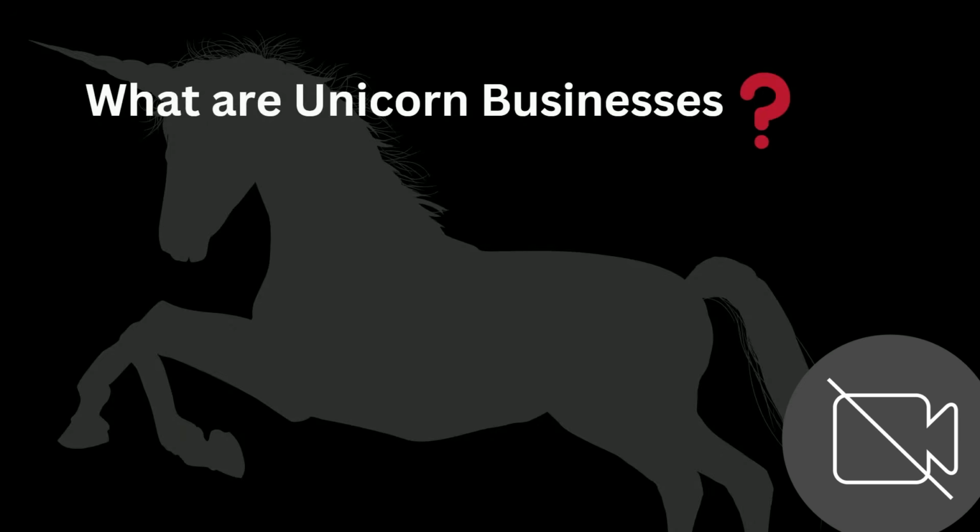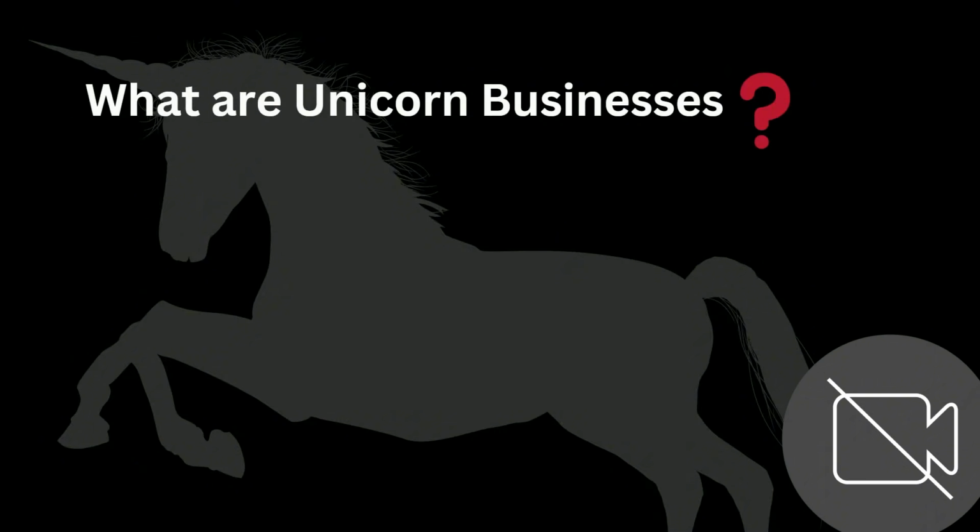Last, let's talk about some unicorn companies. There are many examples of unicorn companies across various industries, like in transportation we have Uber, in social media we have Pinterest, financial technology Stripe, and e-commerce Wish. Now, these companies have disrupted their respective industries and achieved significant success by leveraging technology and innovation.